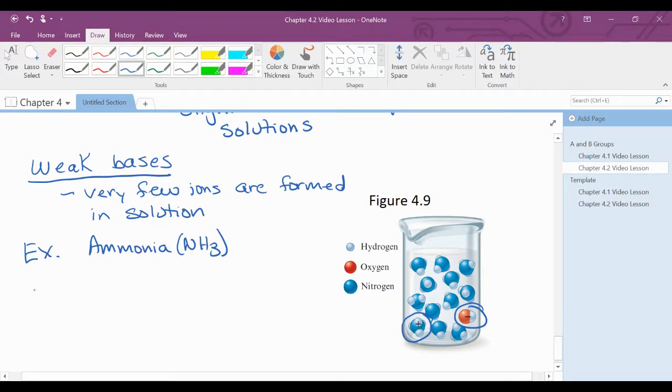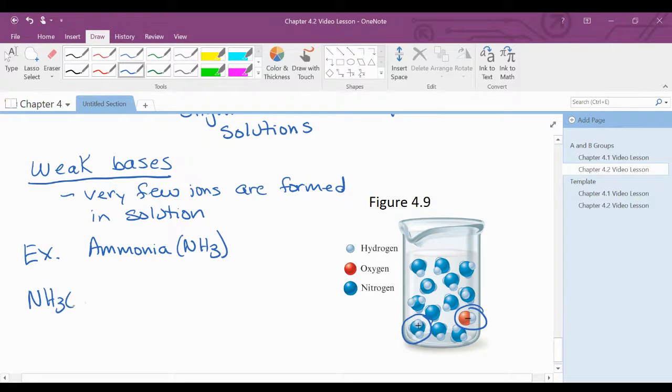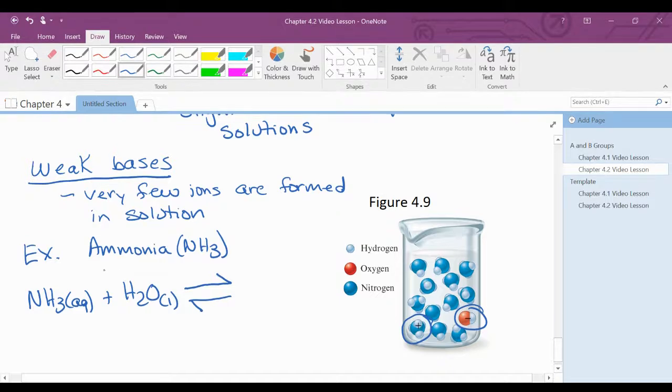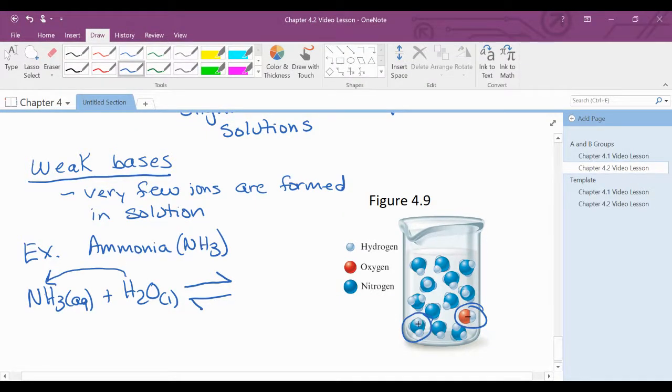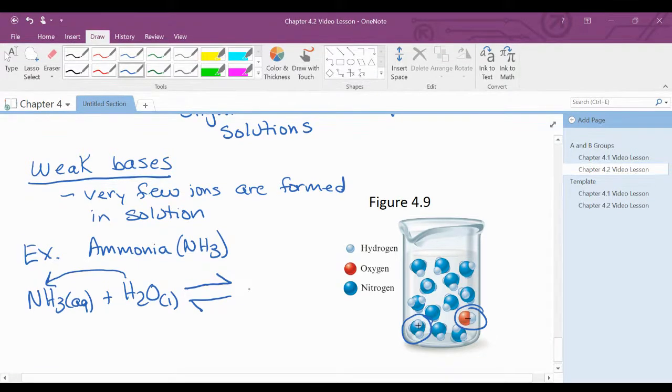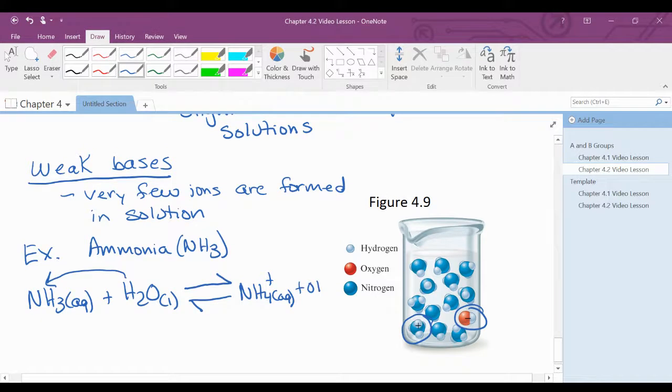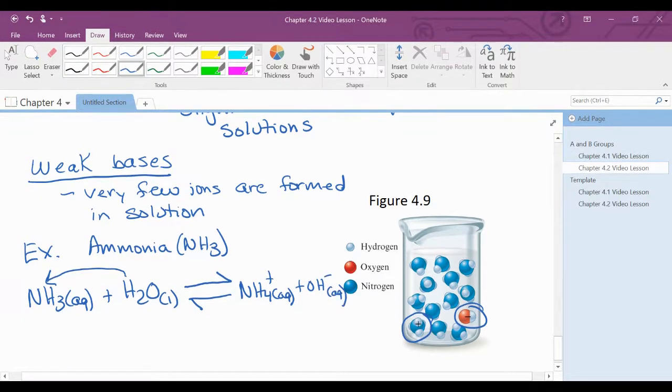So if we write this equation, again, this goes in the forward direction and the reversible direction. And what happens is hydrogen from water donates a hydrogen ion forming ammonium and hydroxide ions. Again, there are a few ions in solution, so it does not conduct electricity very well.